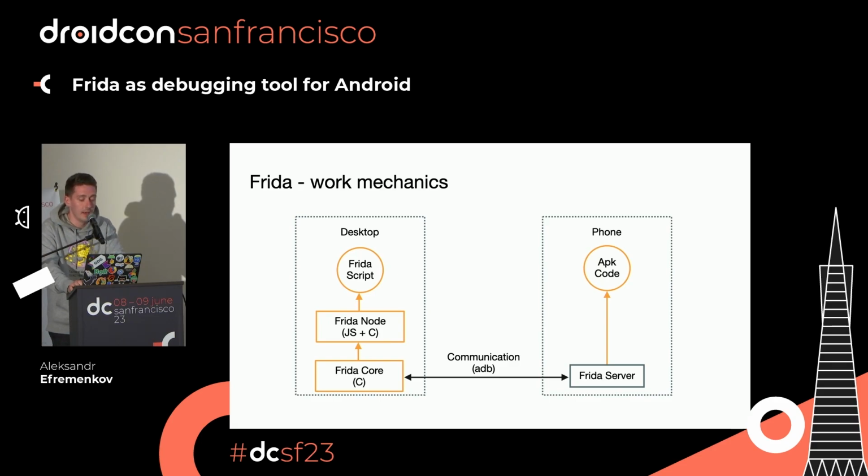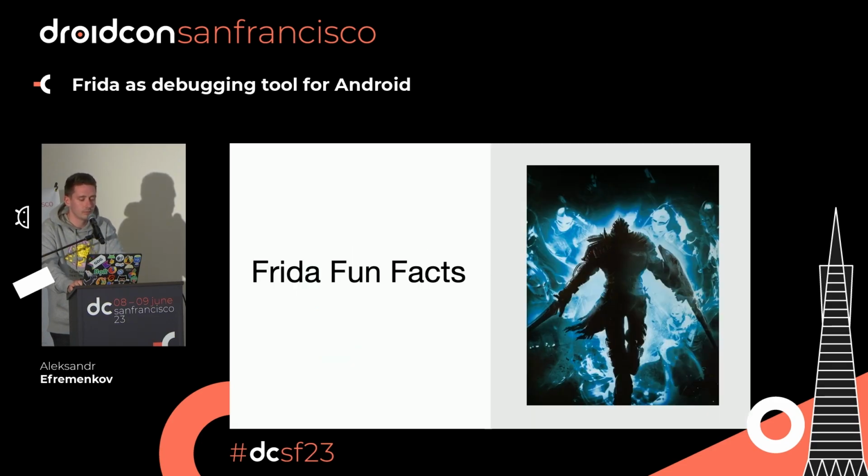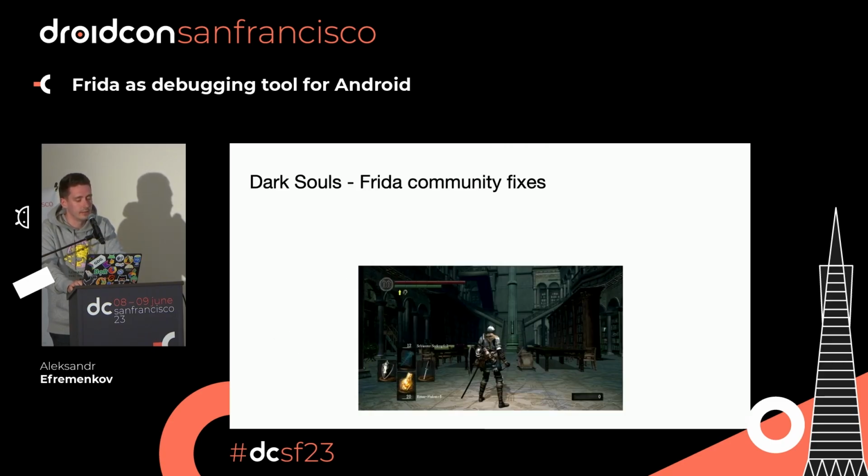And a small Frida fact is that this game is Dark Souls. And the fun community fact is that the first version of Dark Souls was released with a huge amount of bugs. And these bugs were fixed, especially graphics card bugs, by the community.